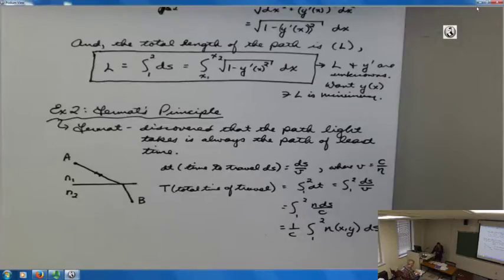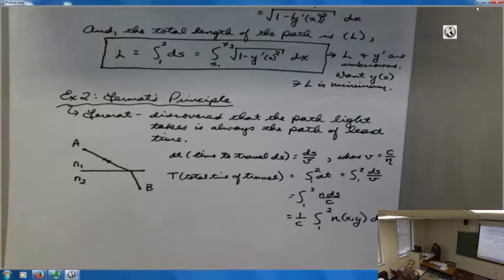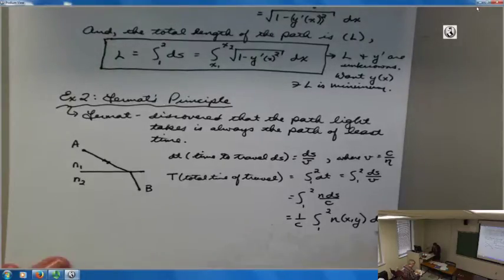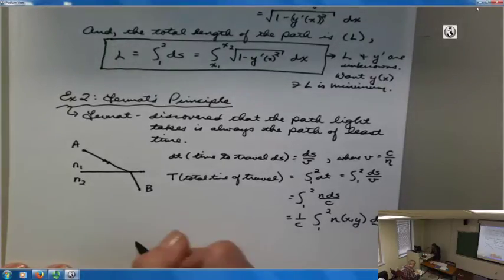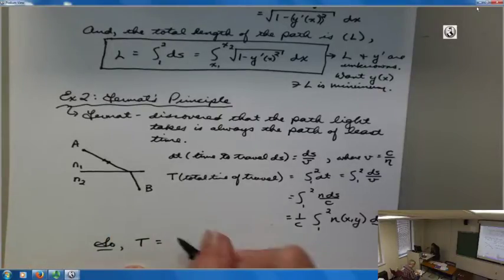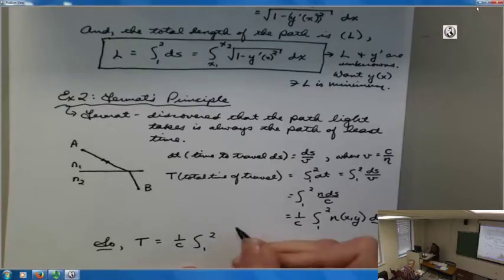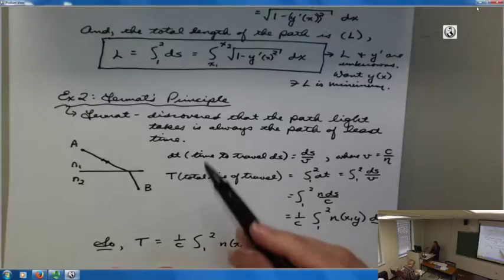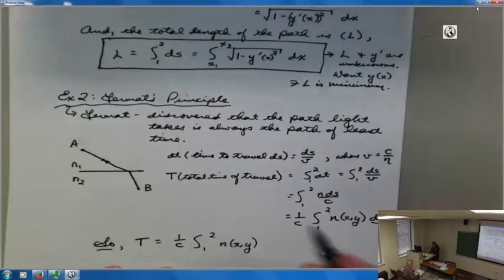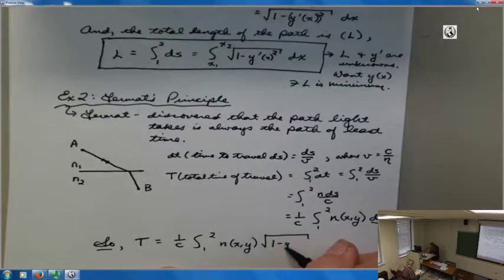Okay. So generally, I can make a substitution from above, so let me go ahead and do that. What I get is that t, my integral, is equal to 1 over c times the integral from point 1 to point 2, and then I need my index of refraction, times my ds, which I can substitute from up here: the square root of 1 minus y prime of x squared dx.